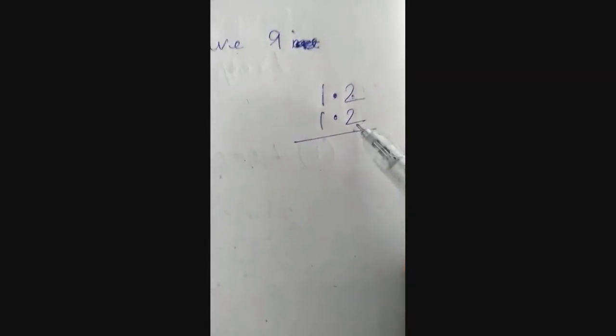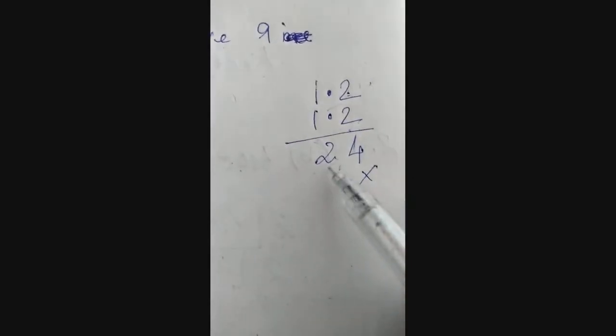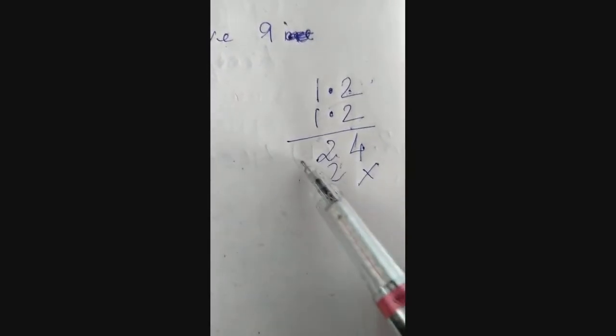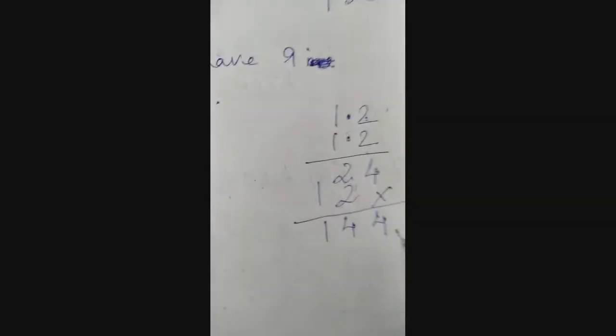That means, let us find out the product first. 2 2s are 4, 2 1s are 2, 1 2s are 2, and 1 1s are 1. So the answer is 144. Now the question is where the decimal point will be.